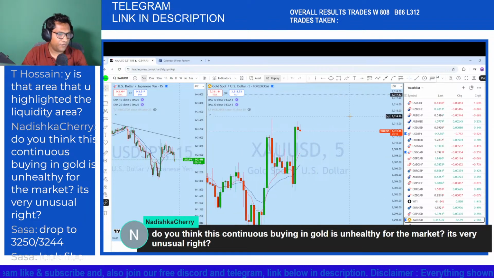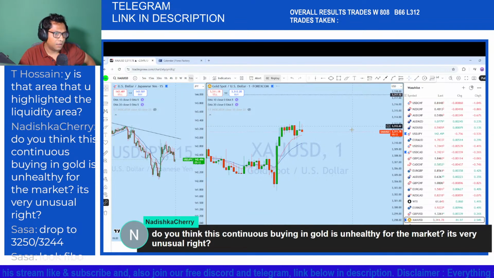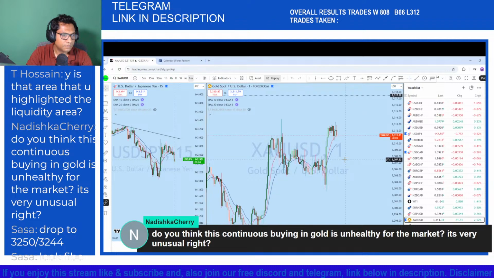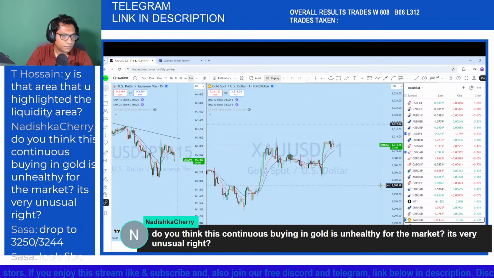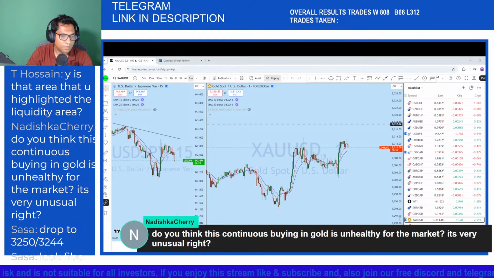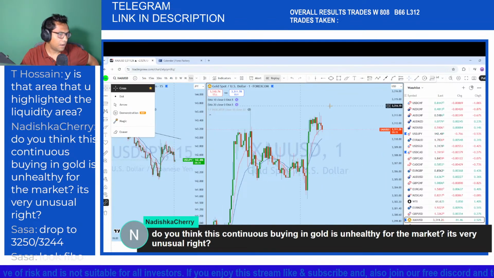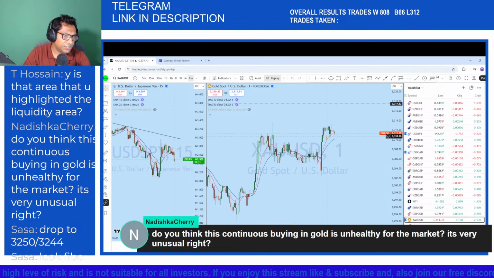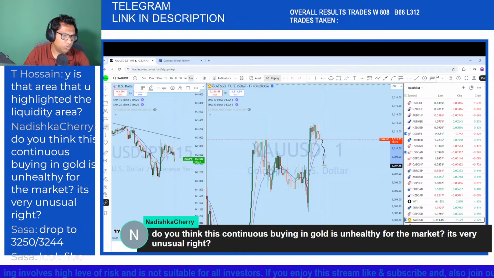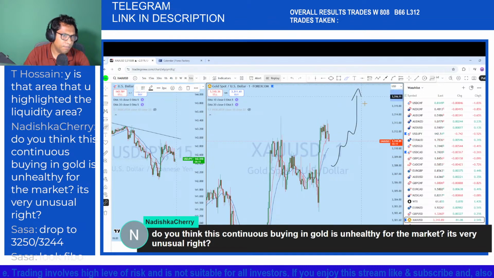So looking at the lower time frame here in this area on XAUUSD, after this consolidation, we could see the market possibly drop here to the deeper liquidity gap and then return again back to the upside.